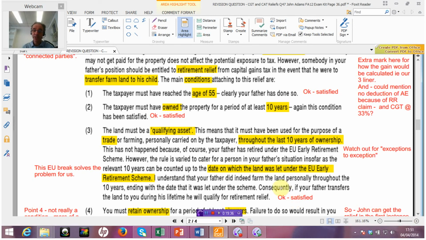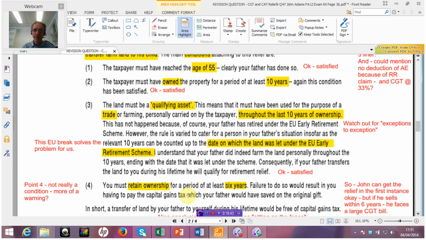Okay, so watch out for that in future questions, and also note down at the bottom that it says, as a result of the above, it seems that you would qualify for retirement relief. Last point here, number 4, it's not so much a condition to obtain the relief as a caveat or indeed a warning to say that yes, you can get it, but you need to retain ownership for 6 years.